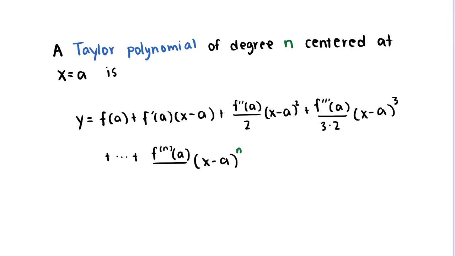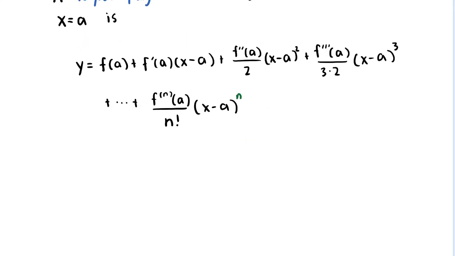When we take this derivative n times over and we get the factor of n, the factor of n minus 1, n minus 2, these should all get canceled out, and we should just be left with the nth derivative of f evaluated at a. And so here, this is typically referred to as n factorial.